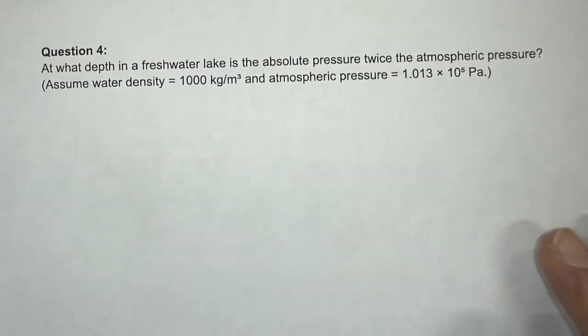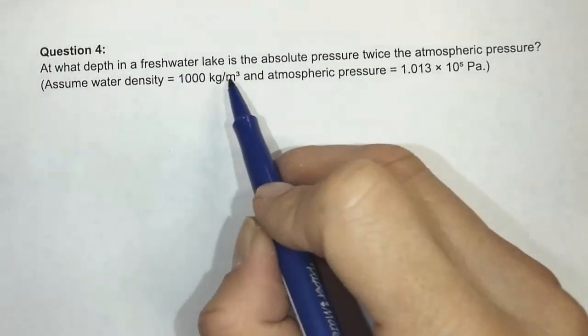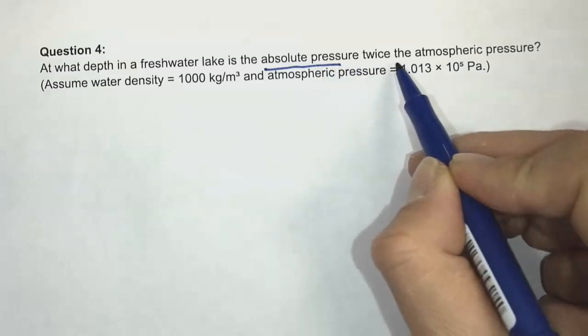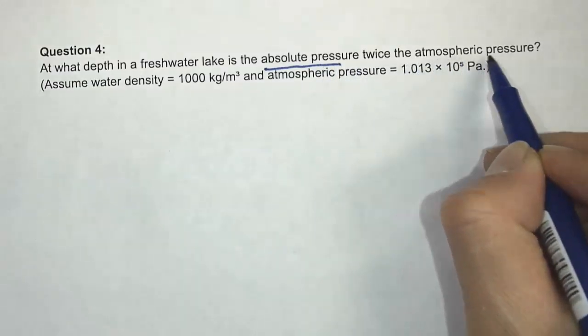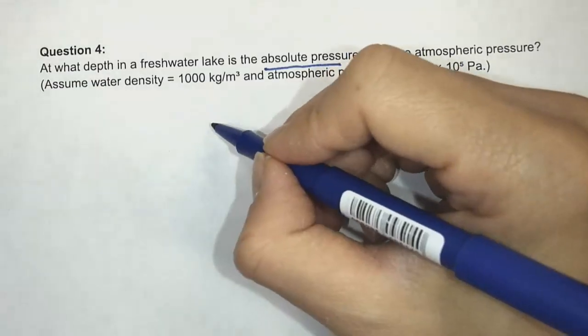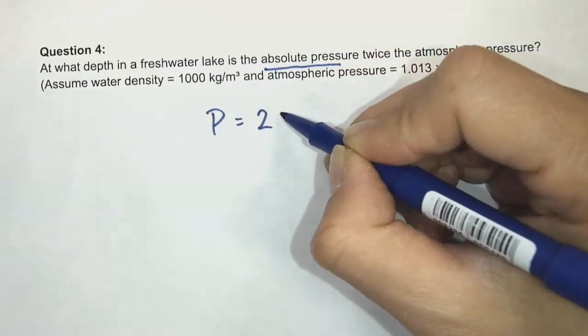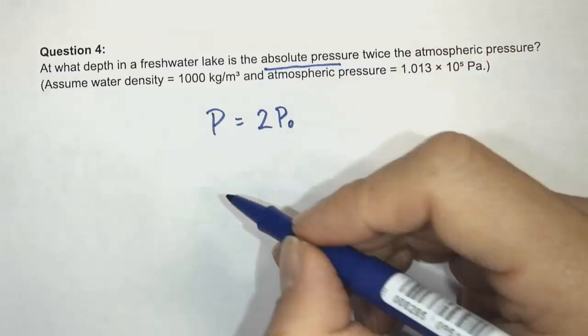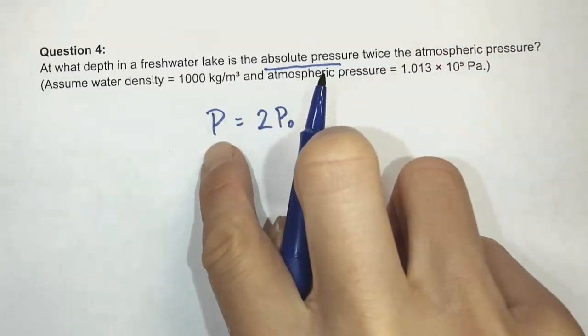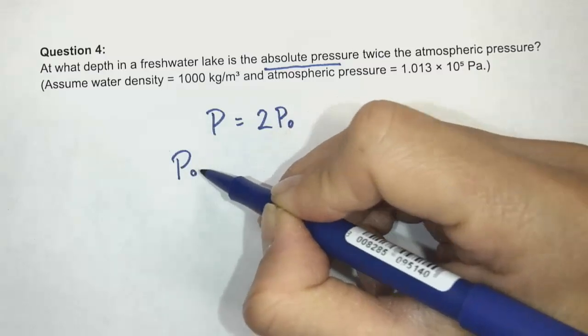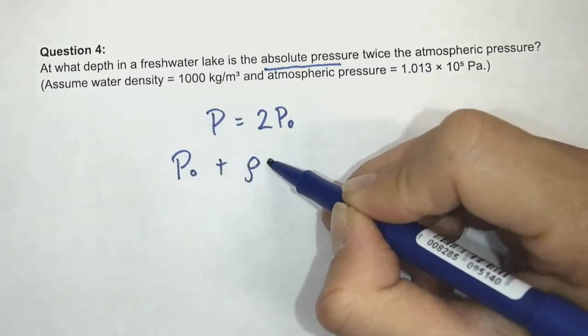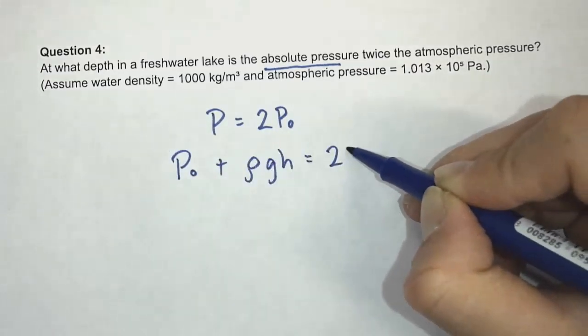All right, question 4. At what depth in a freshwater lake is the absolute pressure twice the atmospheric pressure? Okay, so when is the absolute pressure equal to twice the atmospheric pressure? Atmospheric pressure is P naught. So the equation for absolute pressure is P naught plus rho GH equal to 2 P naught.